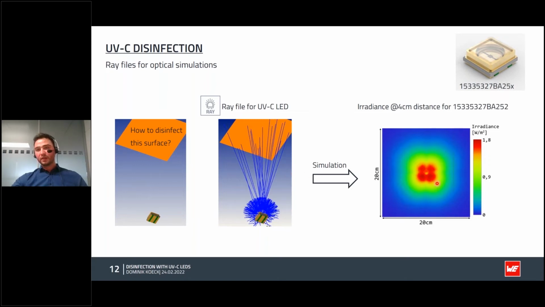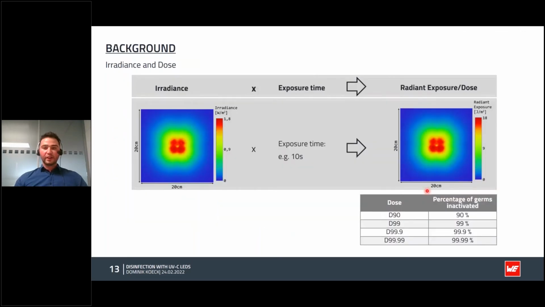The irradiance is the amount of power received by the surface per surface area. So it's given in watts per square meter. Well, how can you get from this irradiance to the amount of disinfection?